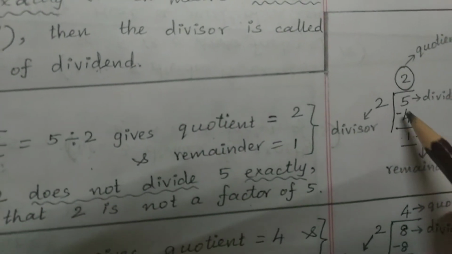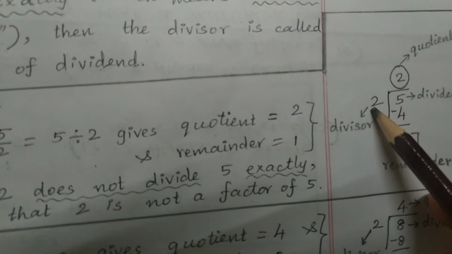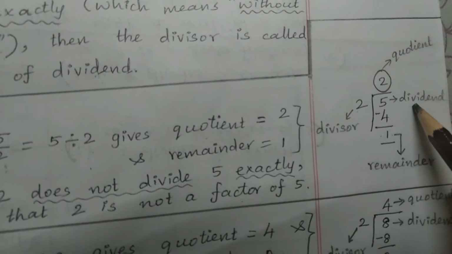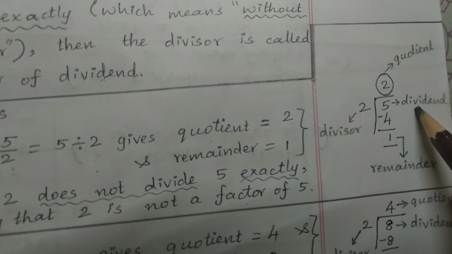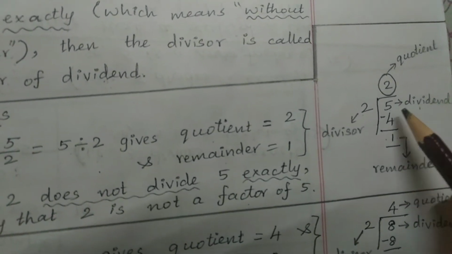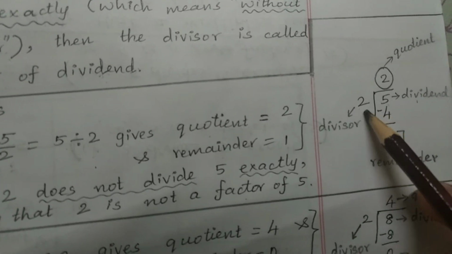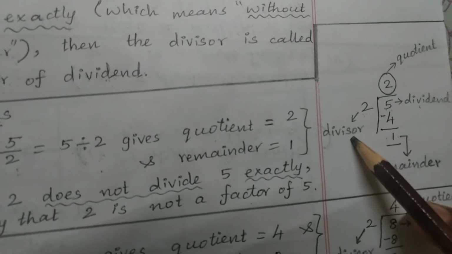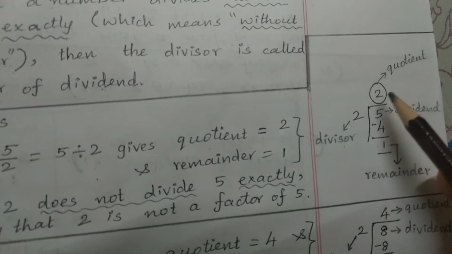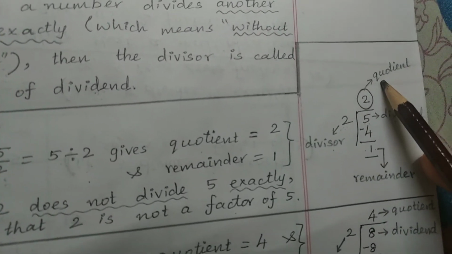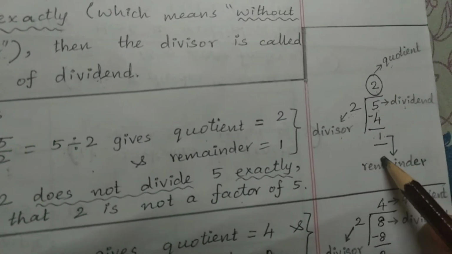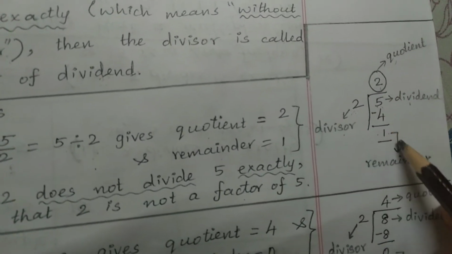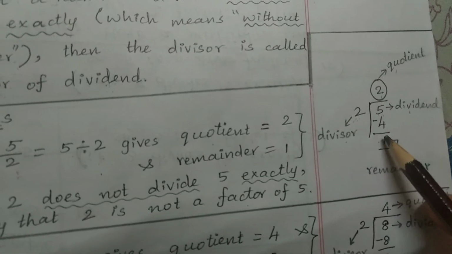While dividing 5 by 2, 5 is called the dividend, the number which is to be divided by another number, and 2 is called the divisor. We get quotient 2 and remainder 1, so we have a remainder other than 0.